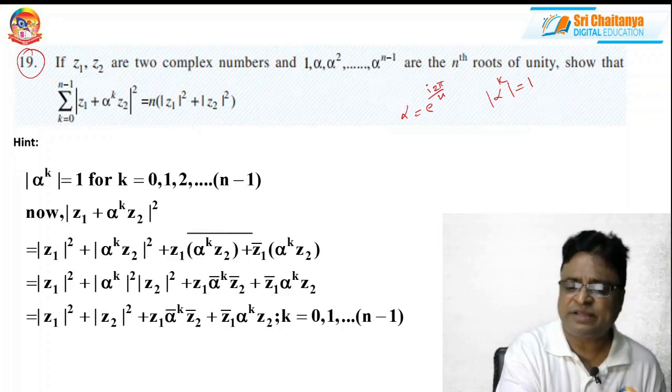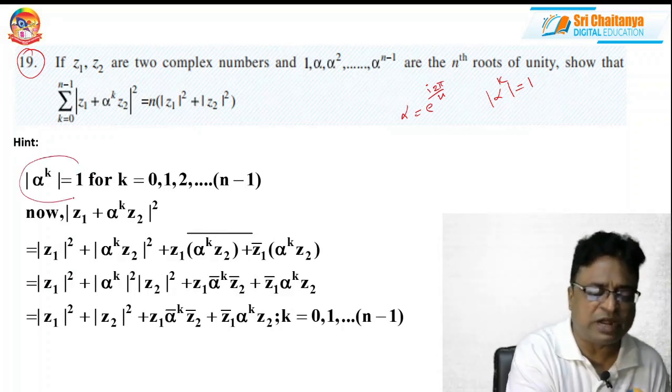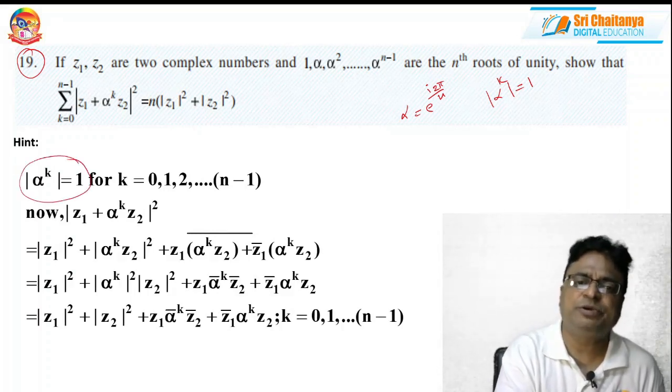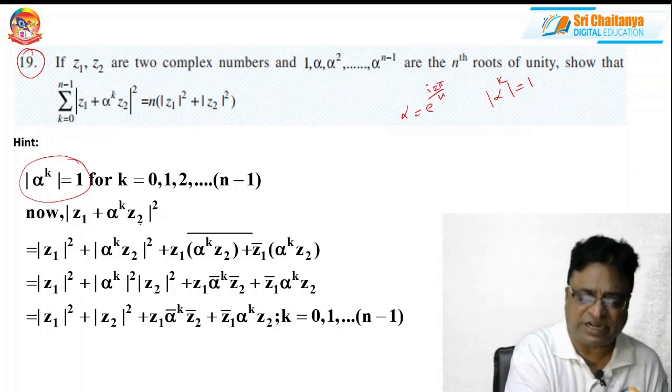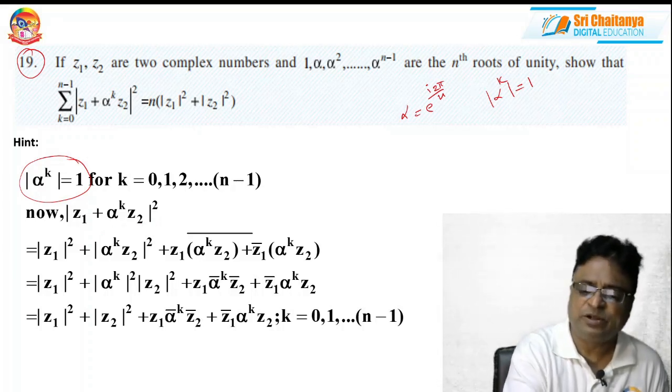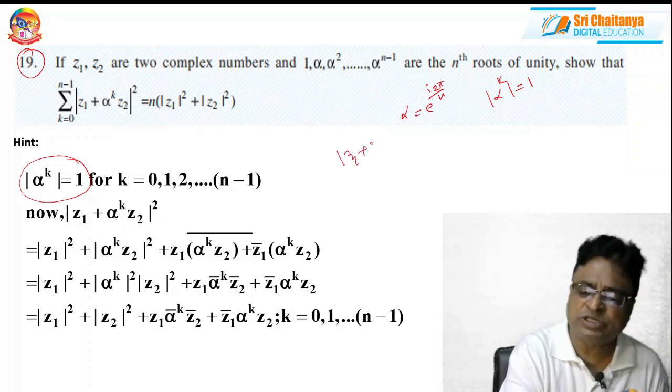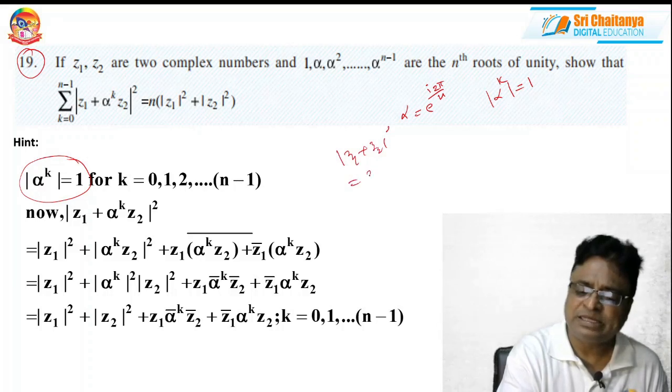Since they are the nth roots of unity, the absolute value of each and every root is 1. That's a fact. Now modulus whole square, forget about the first sigma. First let us expand this. You know that mod Z1 plus Z2 whole square is equal to what? Z1 plus Z2 into Z1 bar plus Z2 bar.